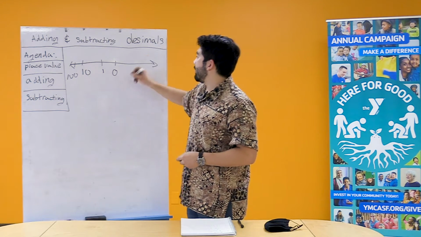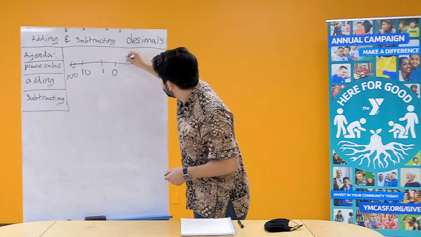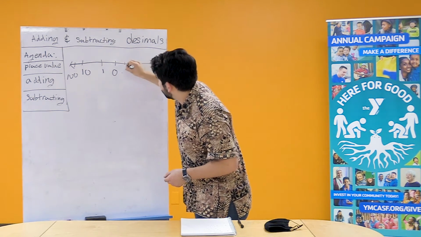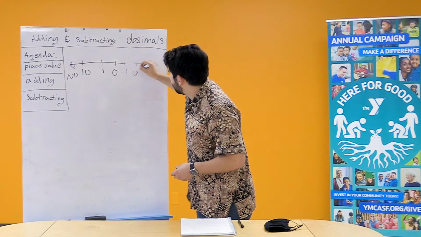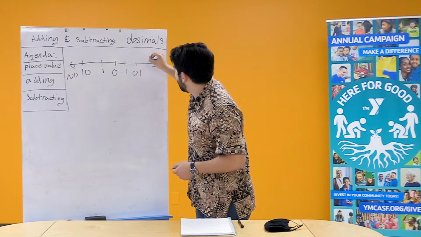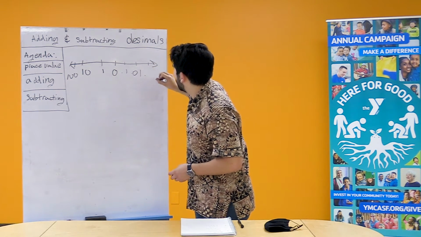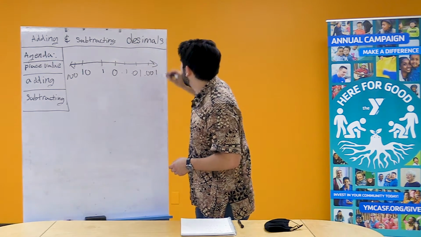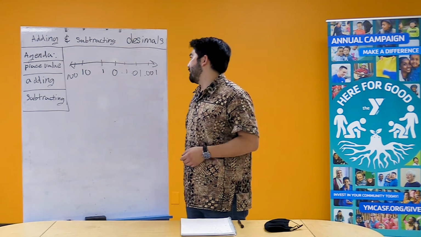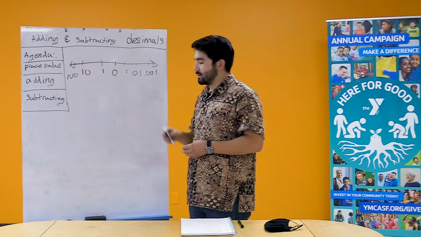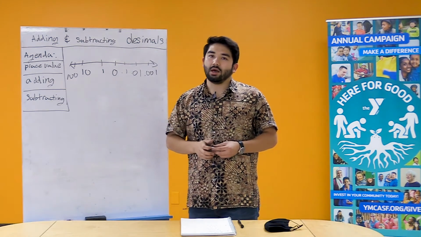So if this is 0, this is going to represent our tenths. This is going to represent our hundredths, and this is going to represent our thousandths. So just as we have our ones, tens, hundreds, we have our tenths, hundredths, thousandths in our decimals.